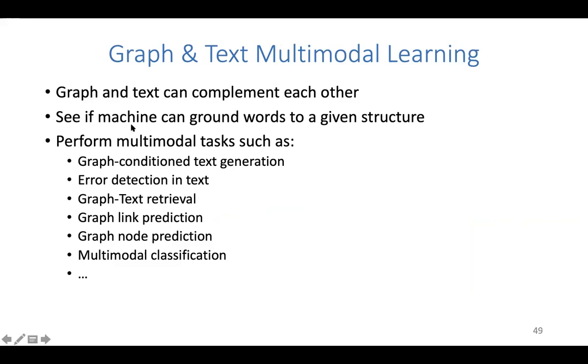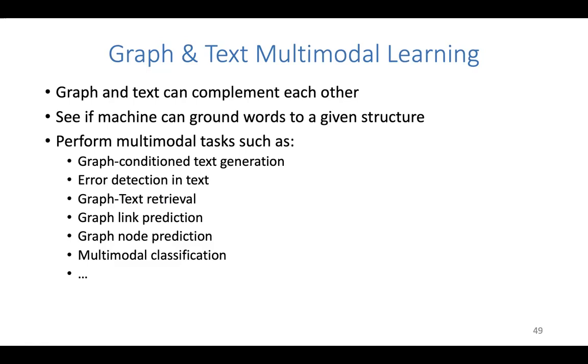First of all, we want to see if the machine can actually ground words to a given structure. Previously, using the vision-text multimodal learning example, we were able to see that the machine can ground words to pixels. That was an interesting phenomenon. And we want to see if the machine can ground words to a graph, or the nodes in the graph.